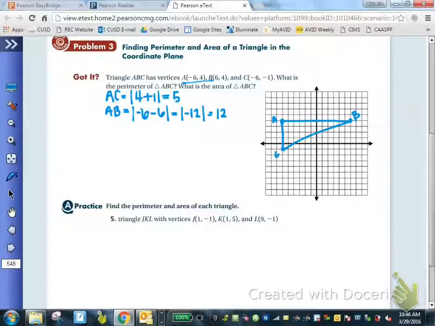Okay, question. How the heck do I find the length of BC? Jonah? We could use Pythagorean theorem. Is there a different way? Subtract the x's, subtract the y's. What else would you have to do?